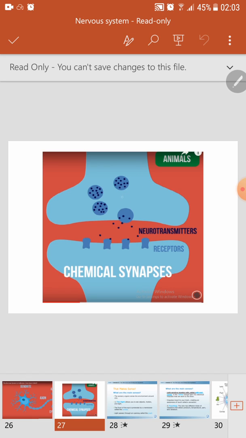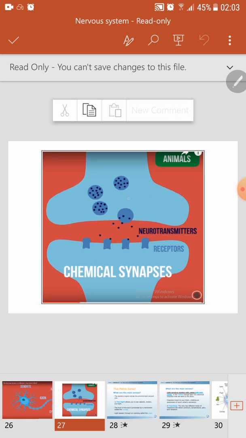When the impulse reaches them, they will be released directly through the gap to reach the next dendrite. Once the chemical substance reaches the dendrite, it will generate an electric message again.